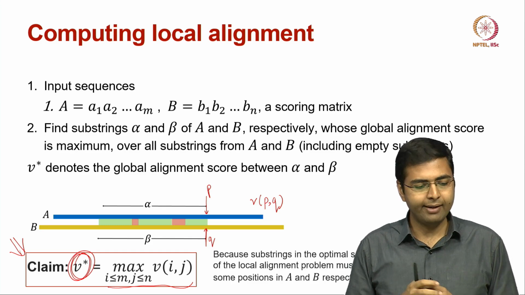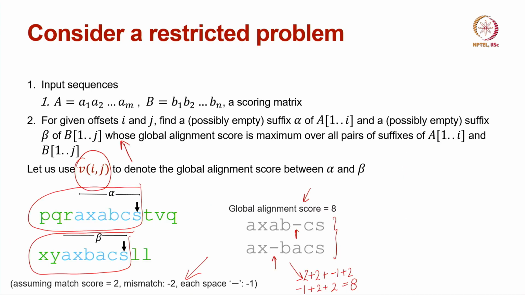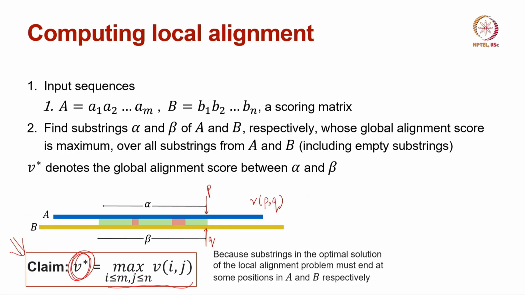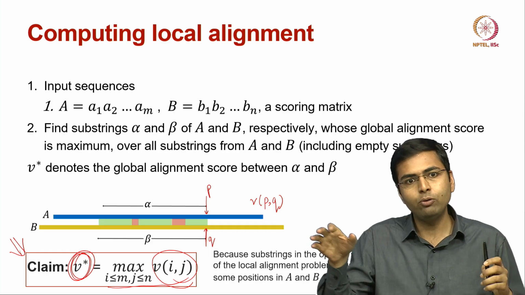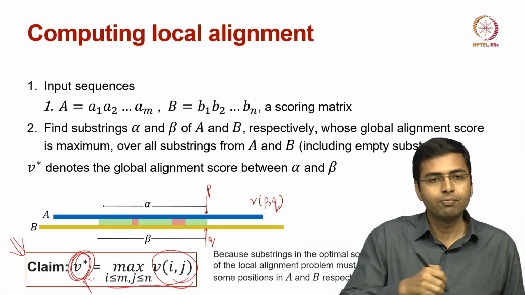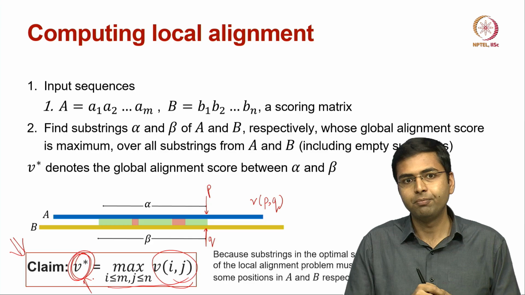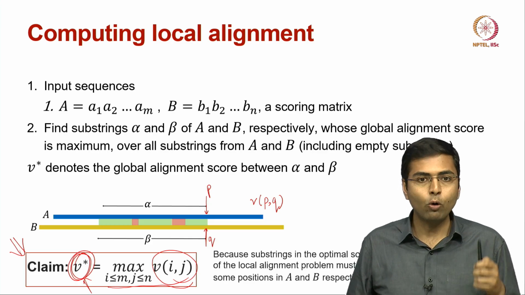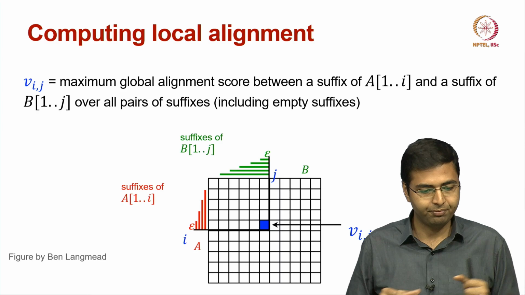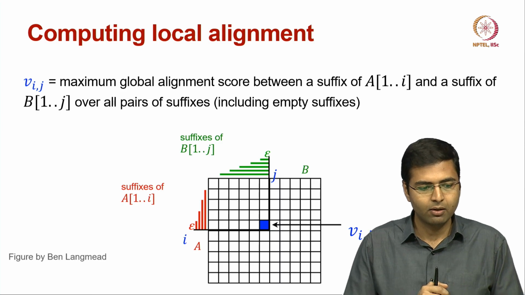So, let us understand how we can solve this restricted problem more efficiently. In other words, I need an efficient strategy to calculate these v_ij values, and if I know all the v_ij values, then I can do a simple scan of all of them and compute my local alignment score as well. So, let us look at how we can solve for these v_ij's.